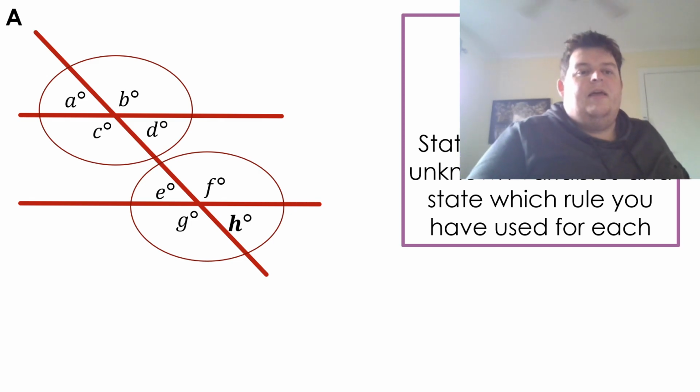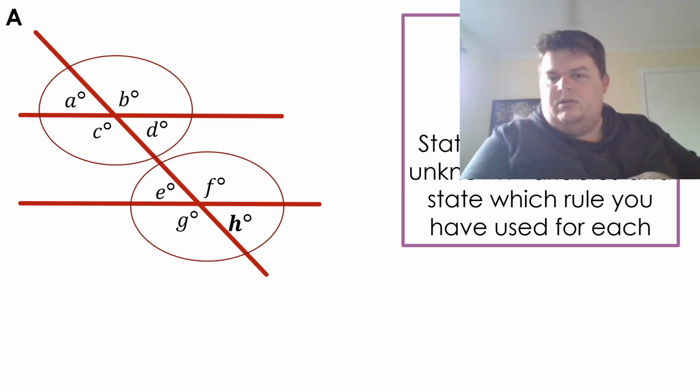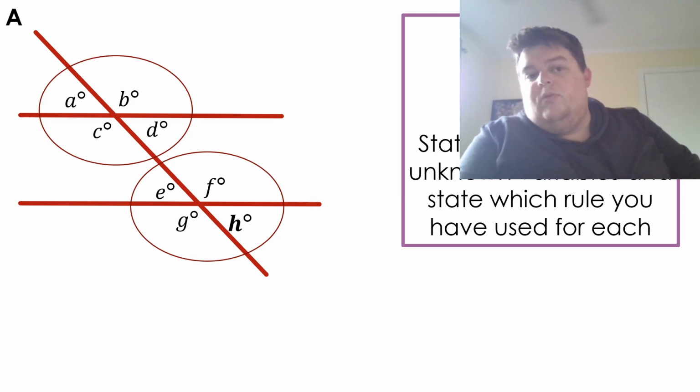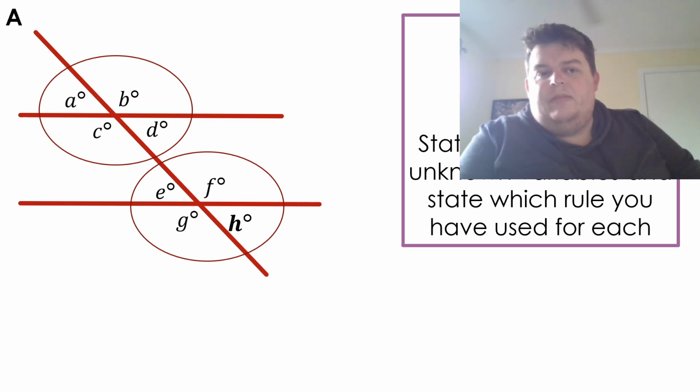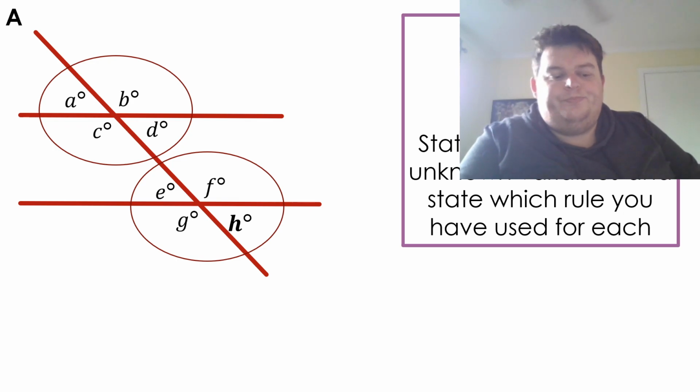I want you to put it on OneNote and tell me A equals this, B equals this, C equals this, so that I know that you've watched this video. Give it a shot. H is equal to 25. Have a think about what that could inform you about the rest of this. And then you'll have a worksheet to do.